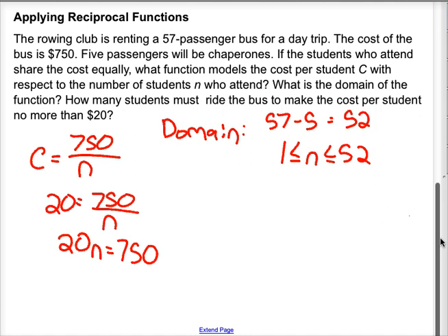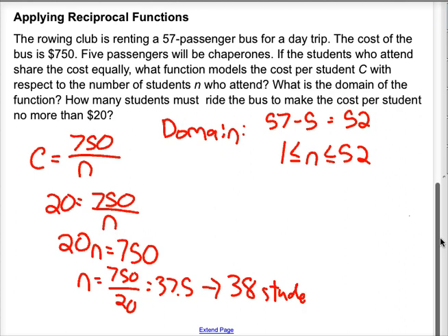Well, now n clearly still isn't quite by itself. So I'm going to divide 20 over to the other side. So 750 divided by 20 is 37.5. So what that means is I need at least 38 students, because we're not going to have half of a student, so we're going to have to round. So I need at least 38 students in order for them to pay no more than $20.